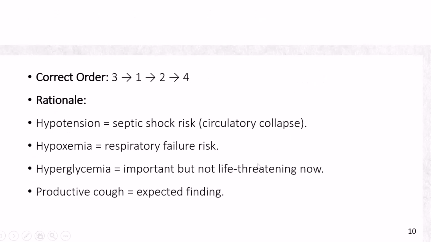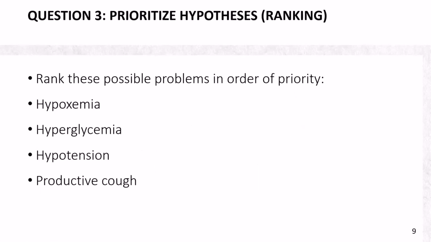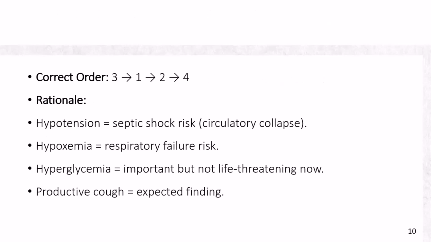Well done, everybody. So yes, hypotension, then hypoxemia, then hyperglycemia. Productive cough is last. Cough is last. So I think I would say that ABC, airway, so hypoxemia, should even be first. Okay, let me clarify.